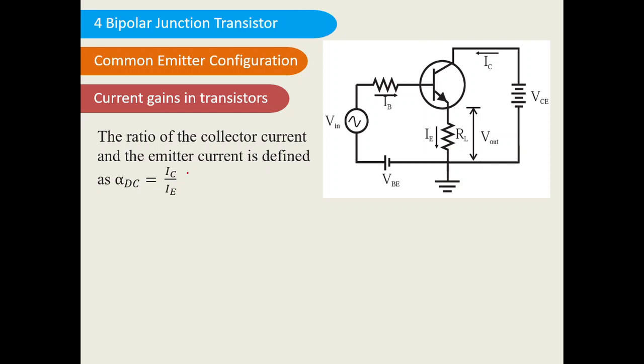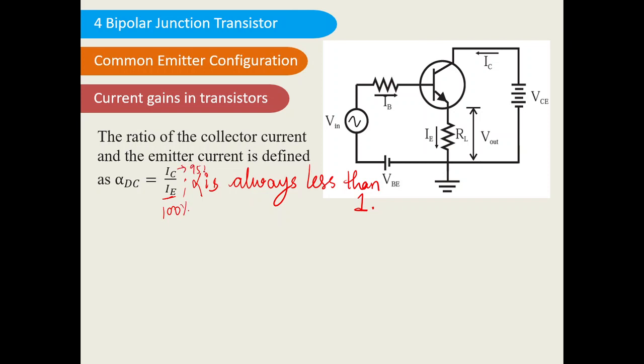So this value is always less than one. Alpha is always less than 1. Why is alpha always less than 1? Because we all know that if IE is 100%, then how much is the current through collector?